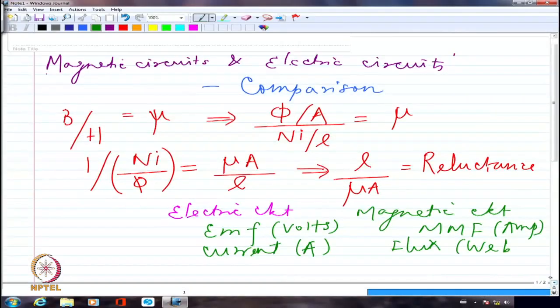Now, the impeding factor here is resistance, whereas here it is going to be reluctance, which is ampere turn per Weber. I am removing the turn because it is a dimensionless quantity.